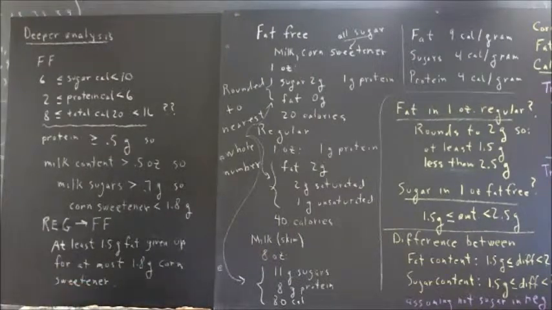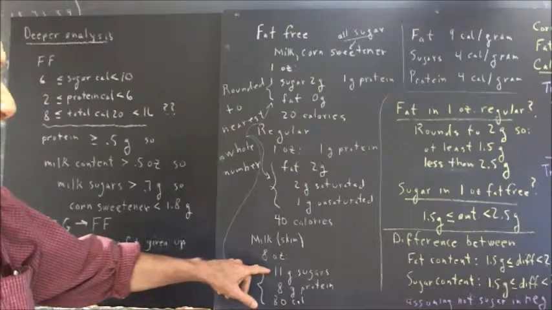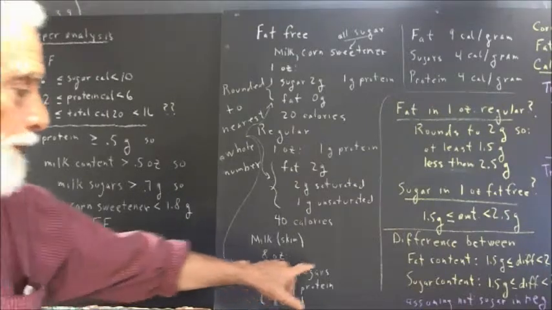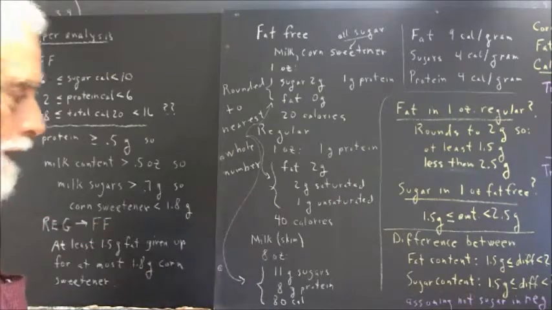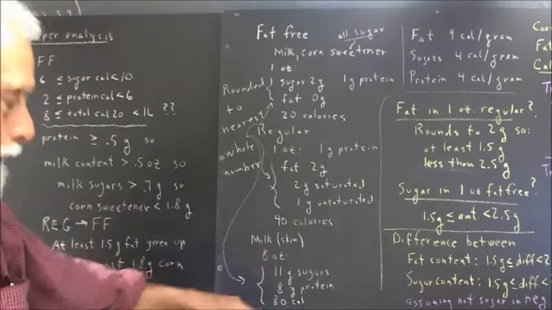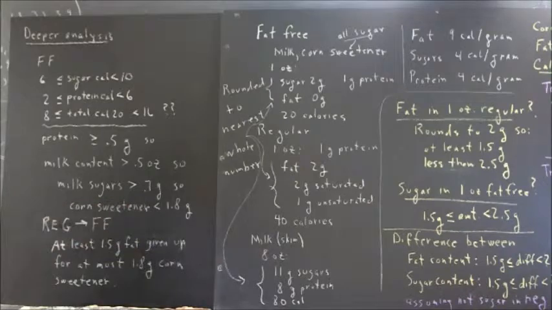If you have 1/2 ounce of milk, then you have, it turns out, about 0.7 grams of sugars. You could do that. 1/2 ounce is 1/16 of 8 ounces. 11 over 16 is around 0.7. So you get about 0.7 grams of milk sugars. You can easily calculate that.